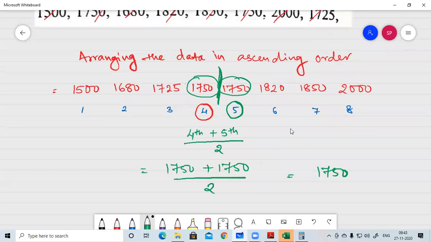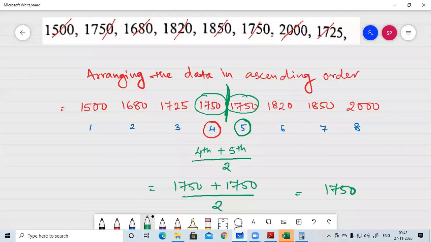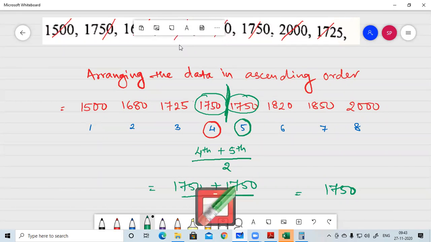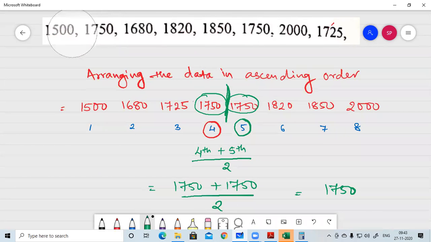Now, what is the meaning of mode? Mode is the value which is repeated the maximum number of times. Which number is repeated maximum here? 1750. So very simple, your mode.